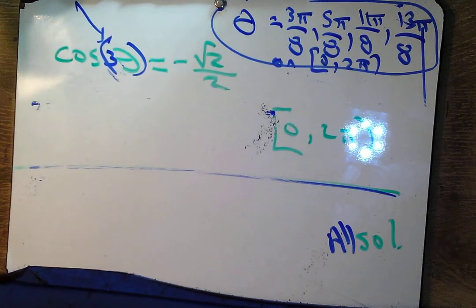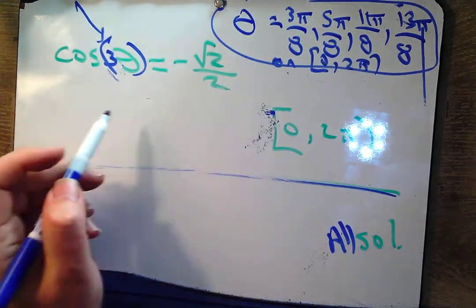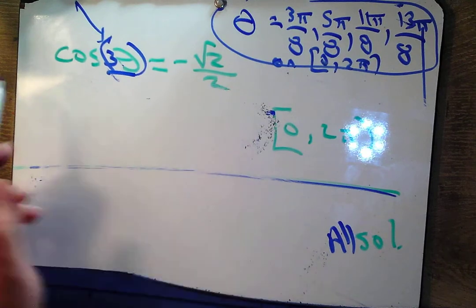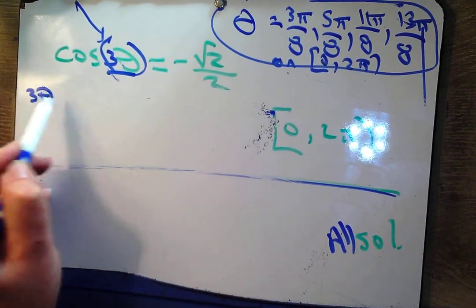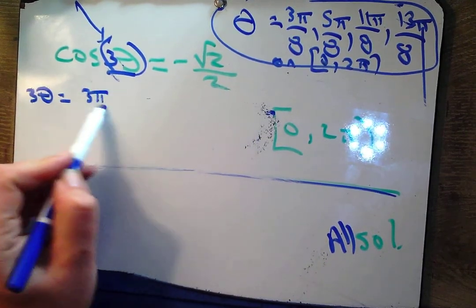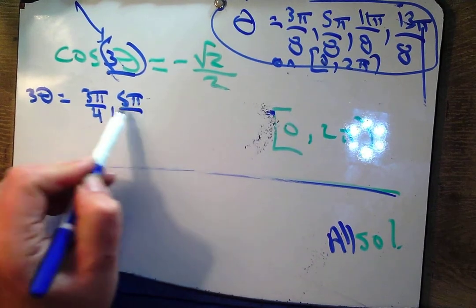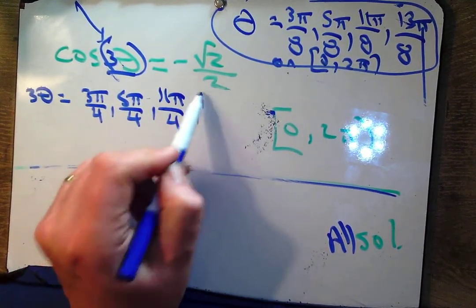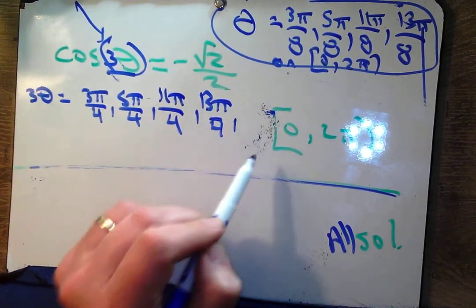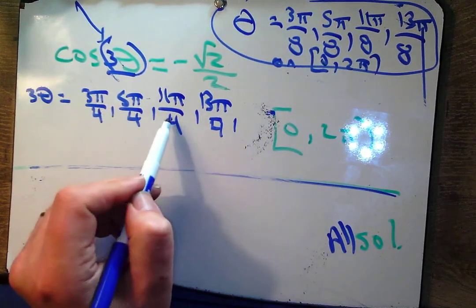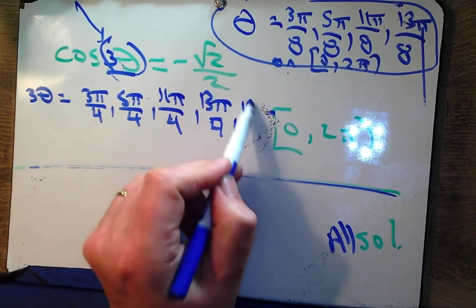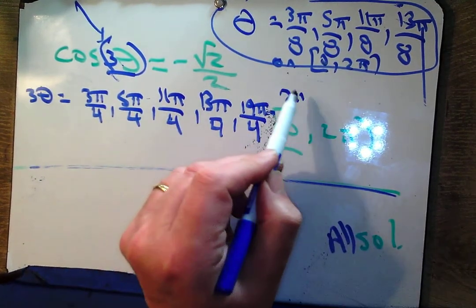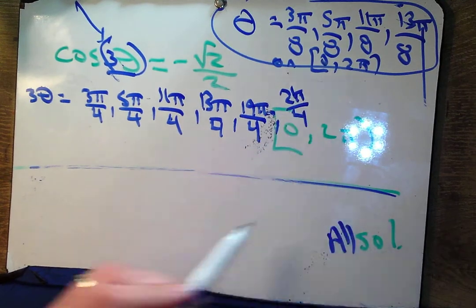Hey there. So, when does cosine equal negative root 2 over 2 and go around 3 times? Okay, 3 theta equals 3 pi over 4, 5 pi over 4, 11 pi over 4, 13 pi over 4. I'm adding 2 pi to this now, so that's 19 pi over 4, and if I add 2 pi again, 21 pi over 4.